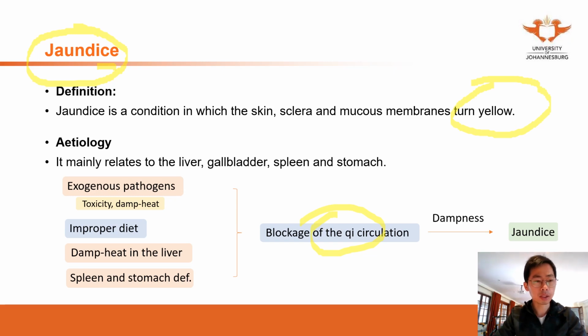Even if it's not here, you can refer to your textbook or the internal medicine of Chinese medicine, which has a more comprehensive explanation. But among all those pathogens, dampness is one of the most important pathogens that we need to focus on. So our treatments need to focus on dampness.